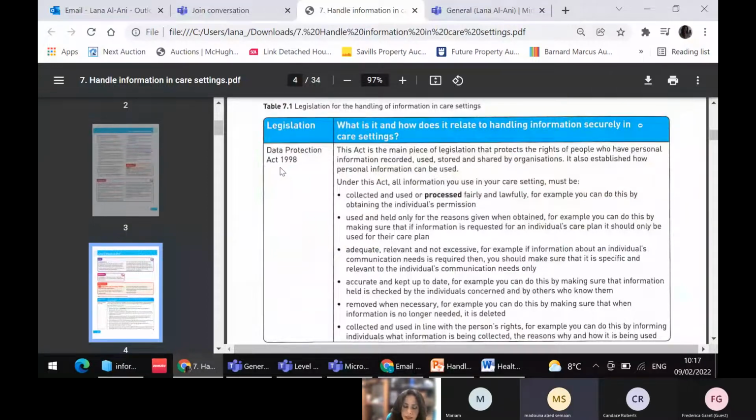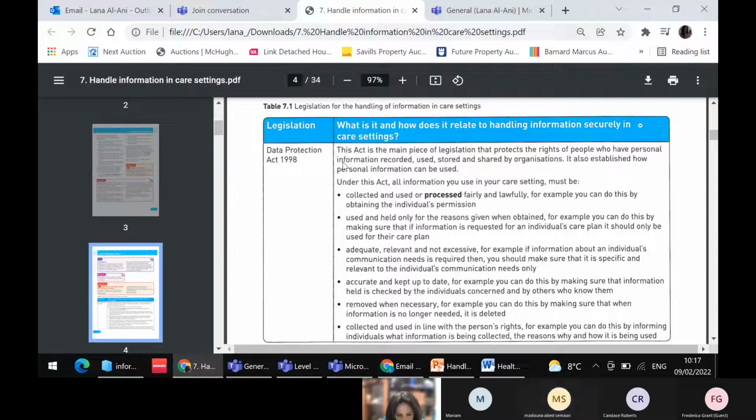It's the core of our work, because it tells exactly how to handle the information. The information we keep is very sensitive, and we should take care of this information. We shouldn't pass it to other people without the person's consent, and it should also be up to date, and we shouldn't keep the data for a very long time, as long as we don't need these data.